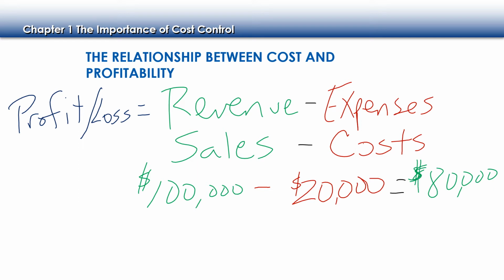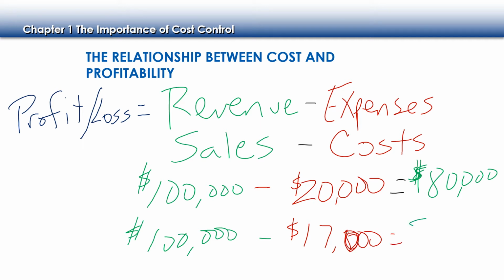If we are looking at trying to control our expenses, and let's say the second period we did the same number of sales, so $100,000, but we were able to decrease our expenses by $3,000, so we only spent $17,000 during that same period, ultimately our profit would be $83,000. So you can see as we control our costs, then our profit will also increase.